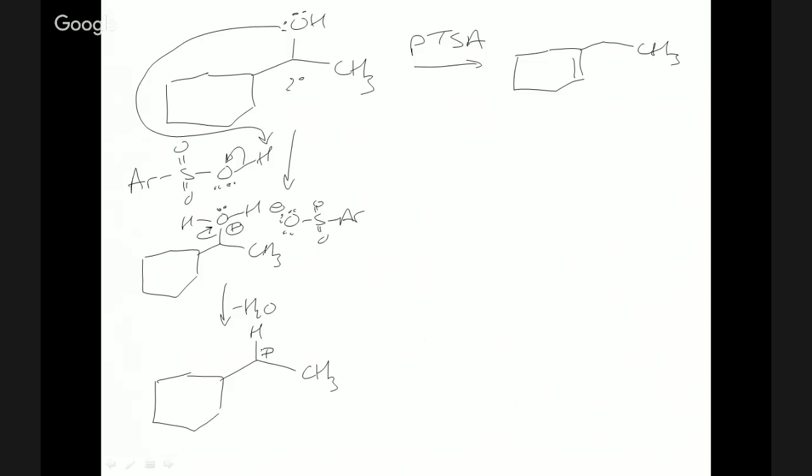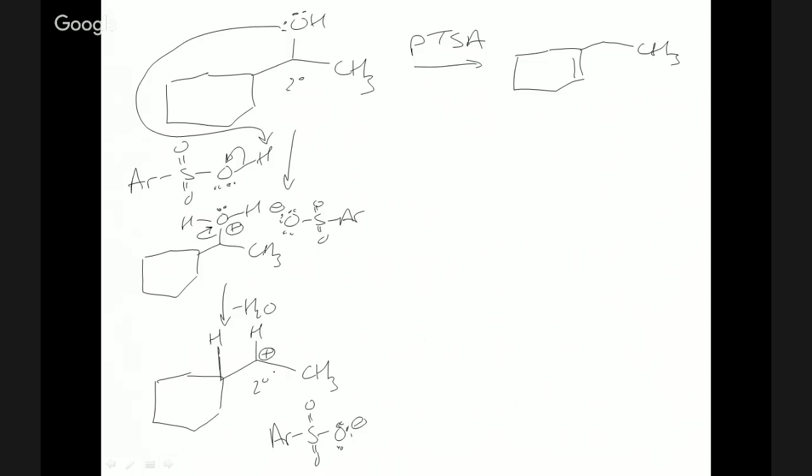Now let's fill in some hydrogens. We have our sulfonate here. Got a secondary carbocation.